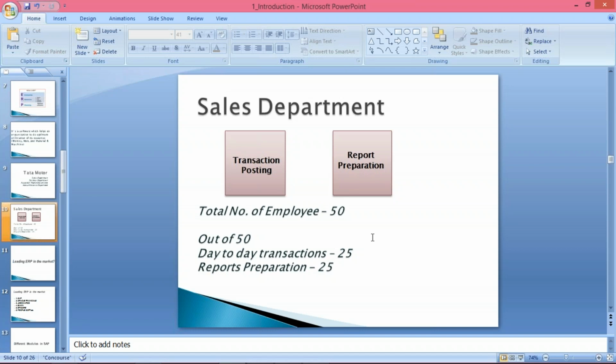Then there is the customer aging report. Let's suppose, out of all the customers, 90% have made payment, but 10% of the customers are not making payment on time. Let's suppose 20 customers have not made payment.